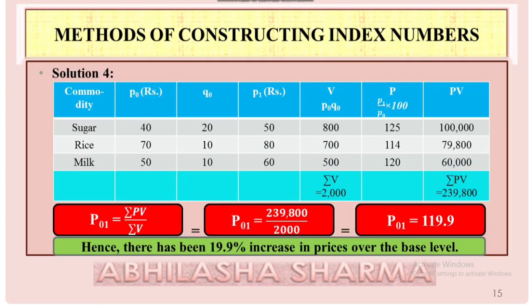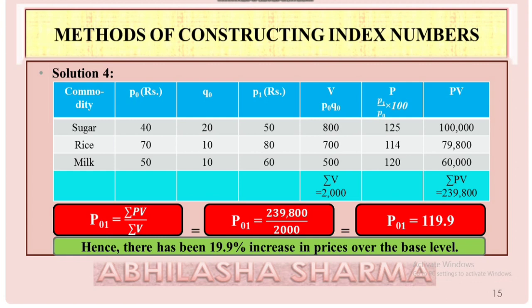First, we will find value weights by multiplying price of base year by the quantity of base year. After summing up the values of all commodities, we get sigma V is equal to 2000. Then we will find price relatives for each commodity with the help of the formula P1 upon P0 multiplied by 100.